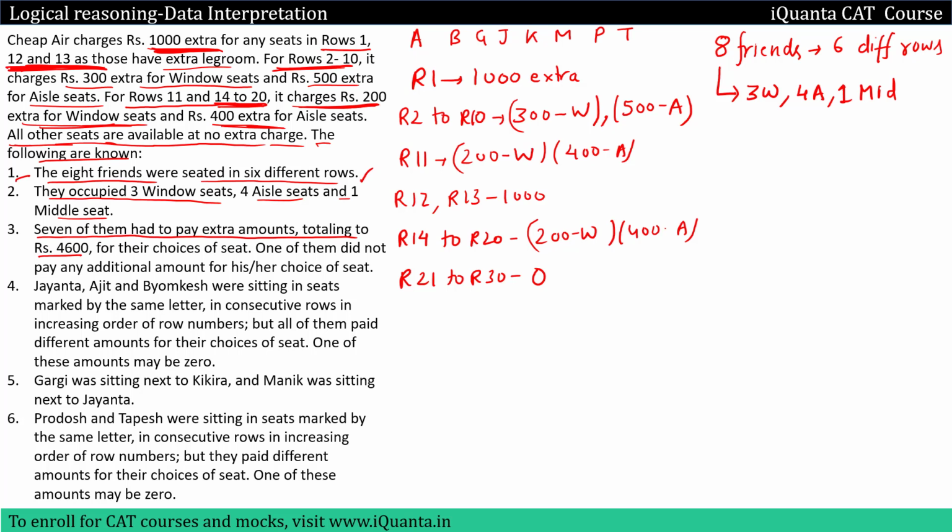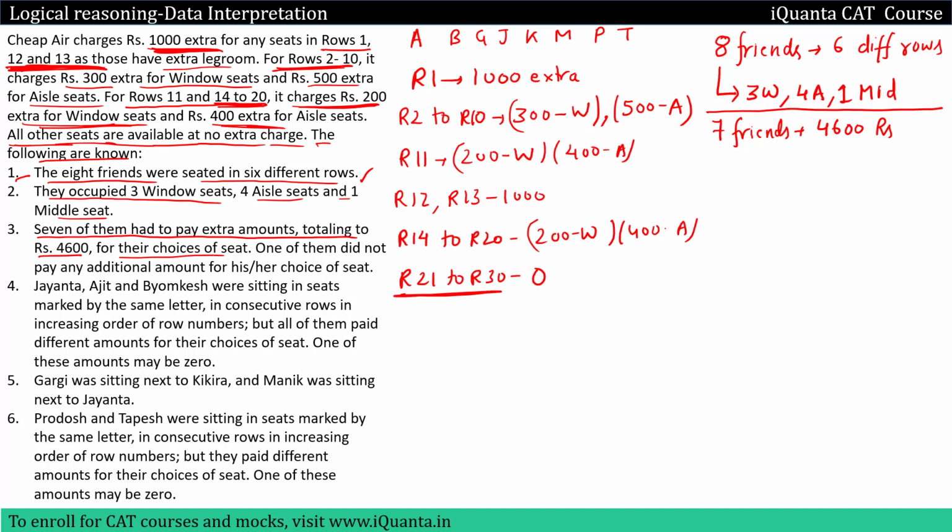So 7 of them will be paying some extra amount to have the seat of their choice, and the total of all the extra amount, total of all 7 friends, will be 4600. So let me write down this separately. 7 friends will pay a total of 4600 rupees. Okay, one friend will pay nothing. So if one friend is paying nothing, definitely he'll be seated in one of these rows 21 to 30.